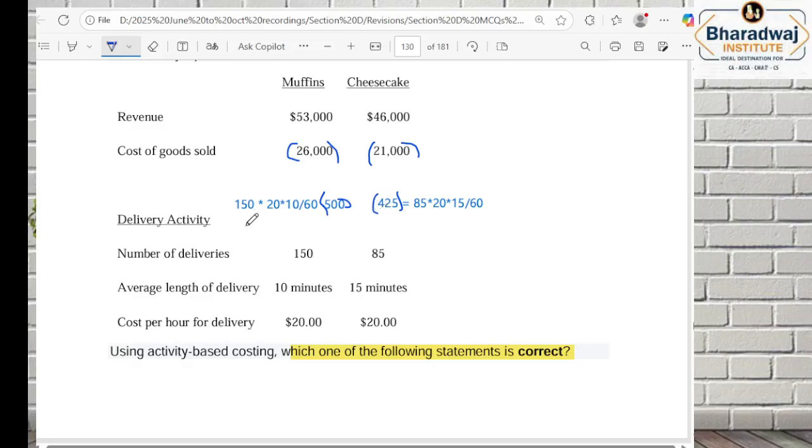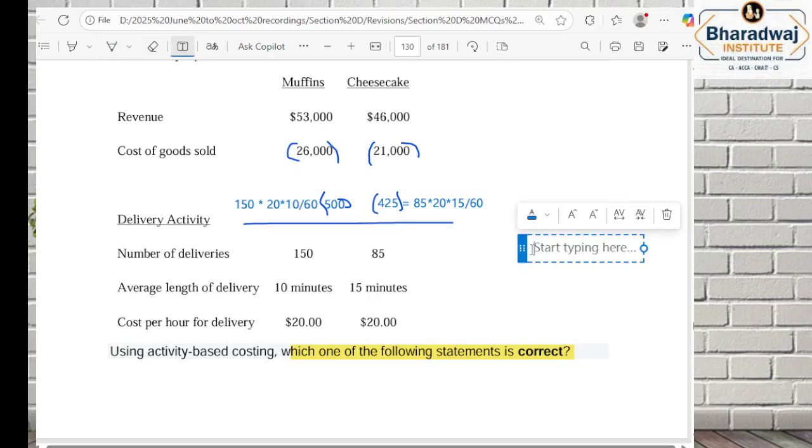You get the profit and compare the profit. What is the profit? Muffins: 26,000.